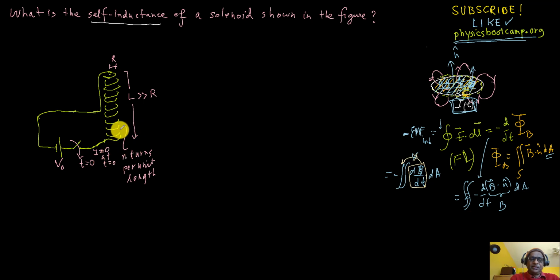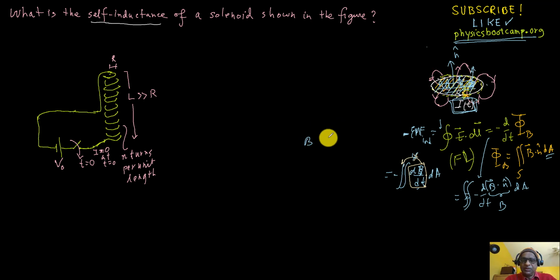So when we look at this, B itself, not dB/dt, but B itself, will be proportional to the current.